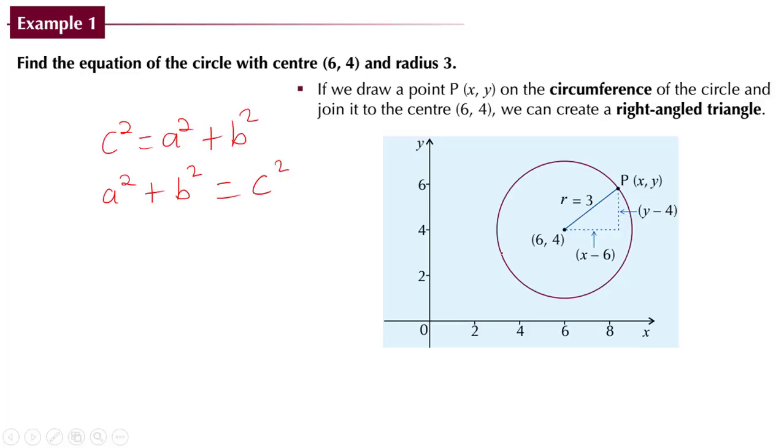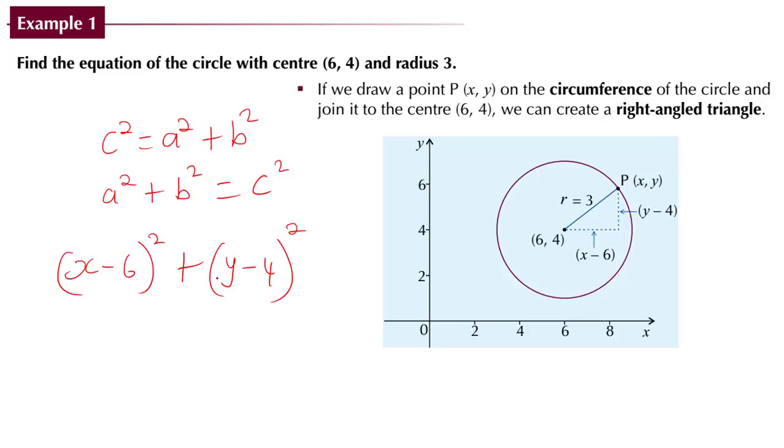And that's clearly x take away 6. That's a. We just square that. And then as for b, that's how many steps you make along the y-axis, in the vertical. So that's going to be y minus 4, and you're squaring that.